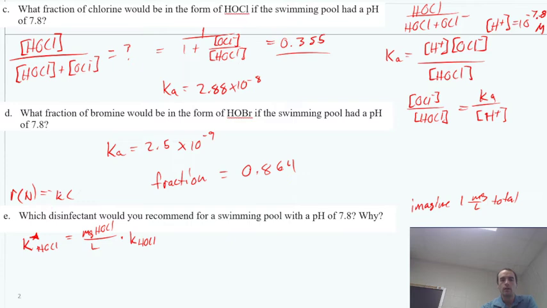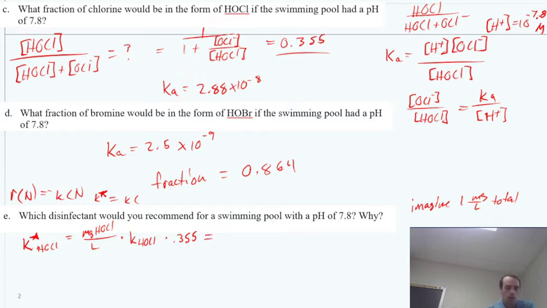So K star is k times c, right? We need to include both of those if we have a pH dependence here, because that can matter. So the way I did it was I said, we have 1 milligram per liter of something times the K for that HOCl times that fraction that we solved for. So I'm going to include that fraction here, 0.355.